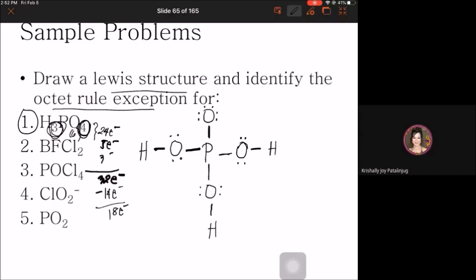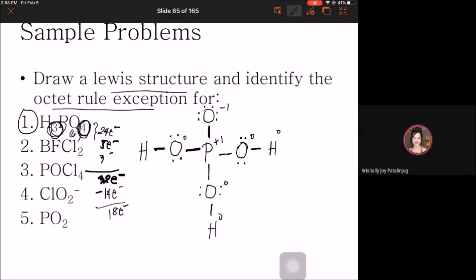Kaya again, kung kukunin nyo yung formal charges, okay, di ba? Formal charge dito would be negative 1. Dito, this would be positive 1. Okay lang dito, 0, 0, 0.